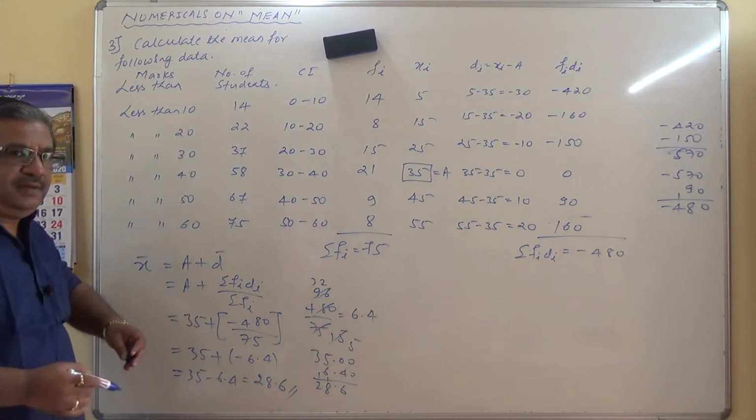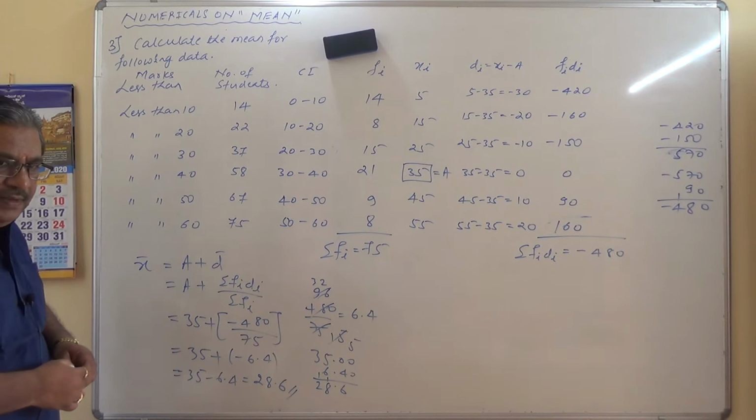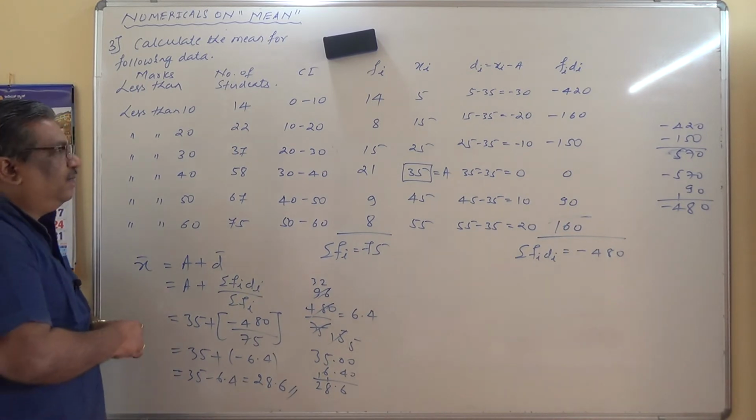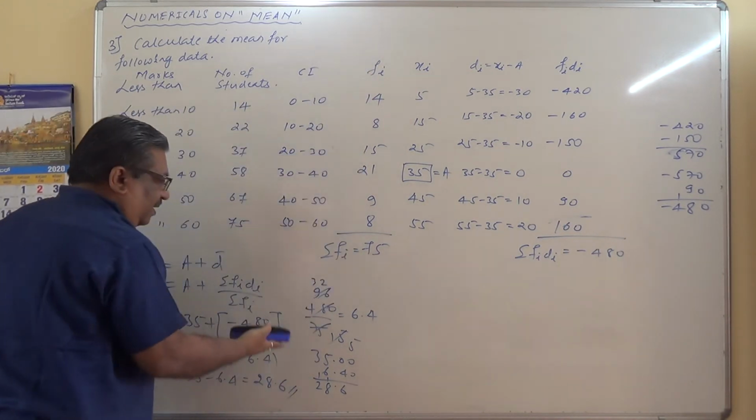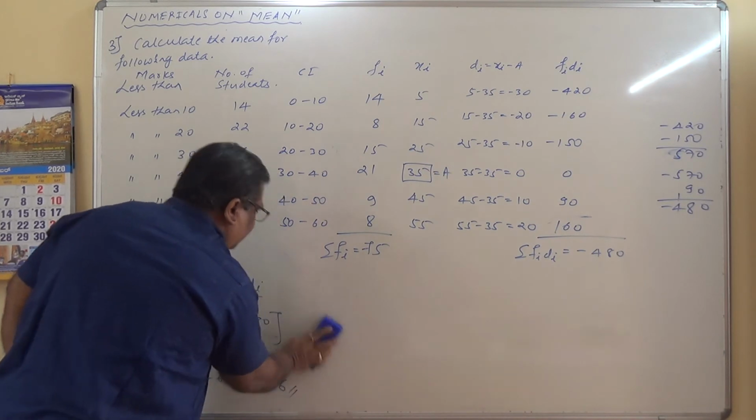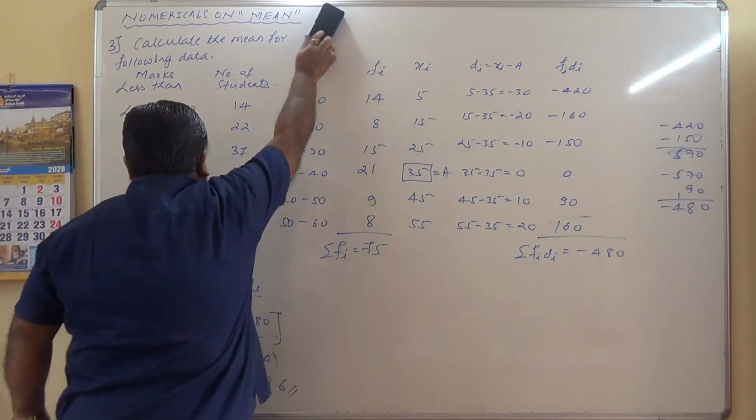Check the answer, 28.6. Okay, so we are getting the value of arithmetic mean as 28.6. I hope you are able to understand.